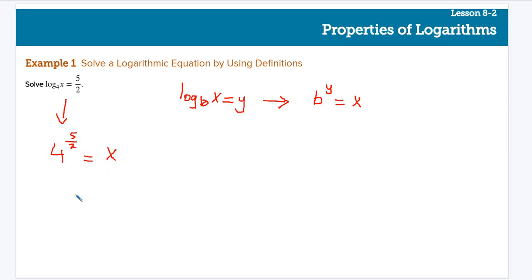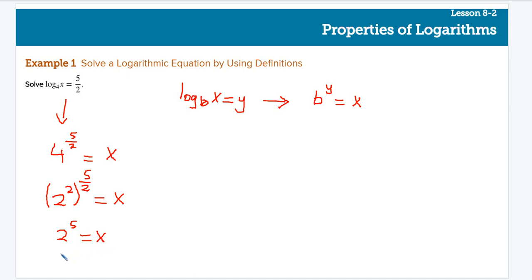So in order to solve this one, 4 is 2 to the power 2 that we know, and 5/2 here as the exponent still equals x. Based on the product rule of the exponentials, 2 times 5/2 will give us a 5, so the left side will be 2 to the power 5, because 2 times 5/2 is 5, and that is equal to x.